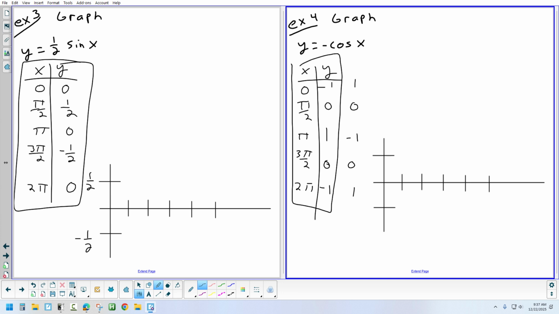So all the y's just switched. So that means we're going to start here, here, here, there, and there. So normally cosine has that U shape. Now this is flipped over because it's been reflected. Okay. Any question on it?